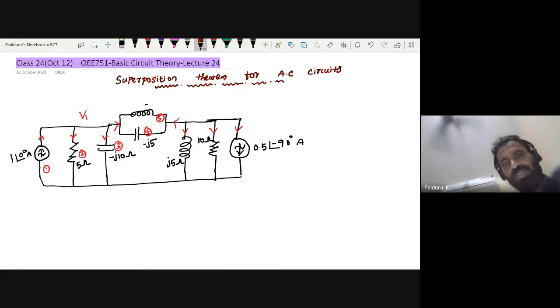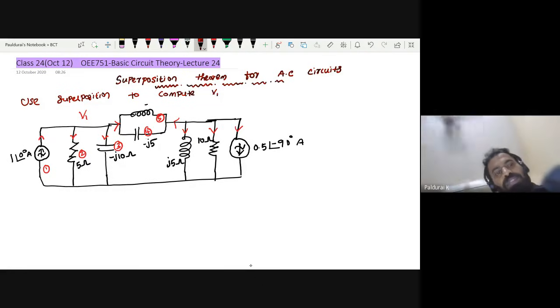The question is, use superposition to compute V1. Okay. Next question, use superposition to compute V2. That you do by yourself. This is my example 1 for today's class.